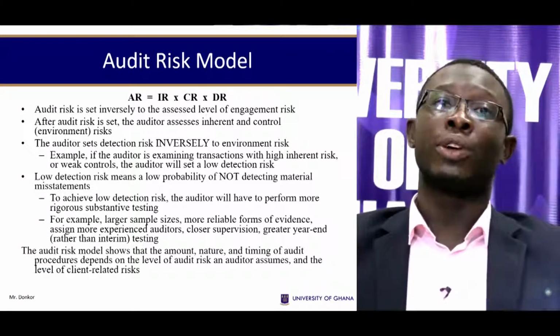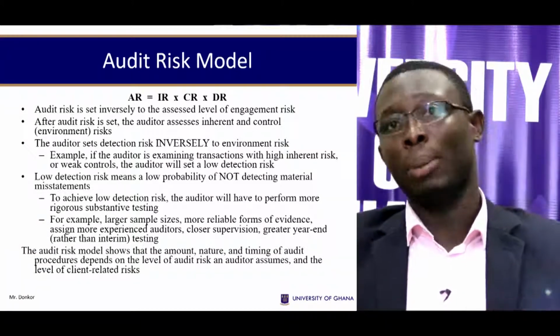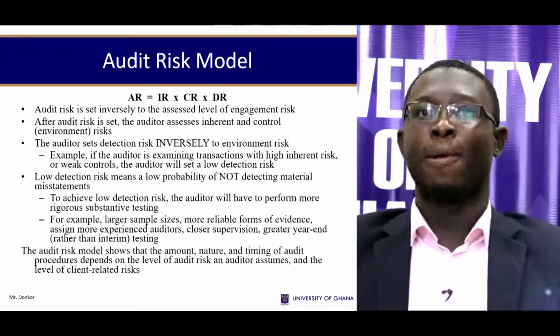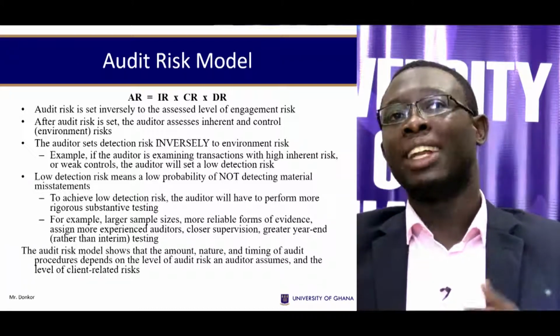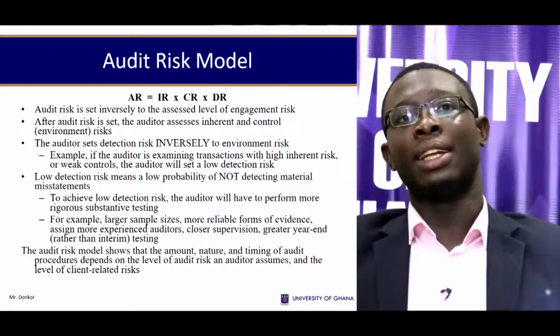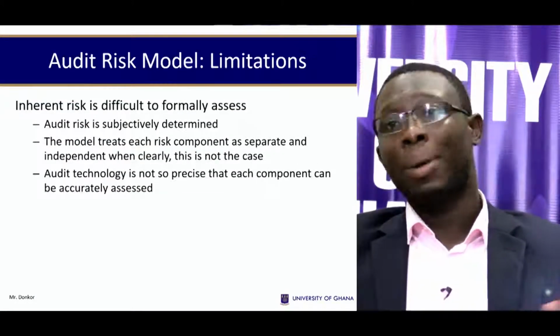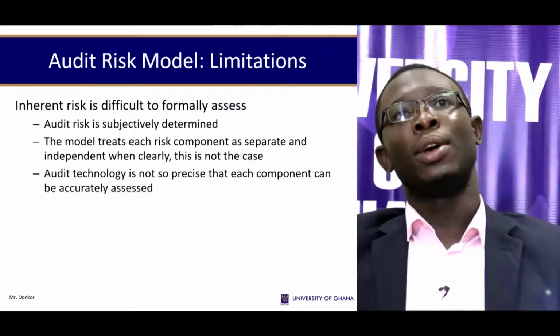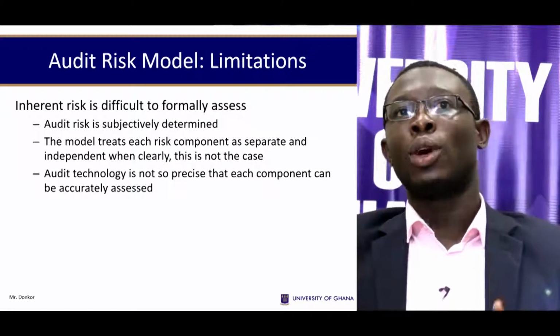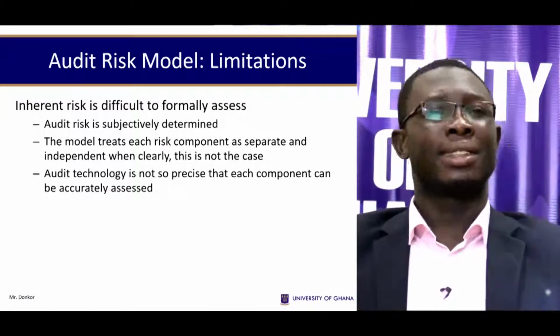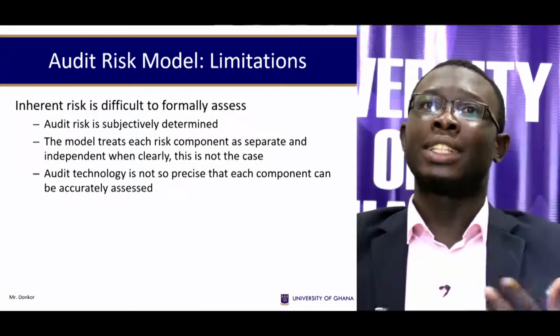The audit risk model therefore shows that the amount, nature, and timing of audit procedures depend on the level of audit risk an auditor assumes and the level of client-related risk. But it has some limitations. The inherent risk is difficult to formally assess. Audit risk is subjectively determined.